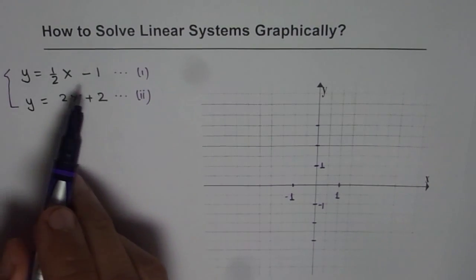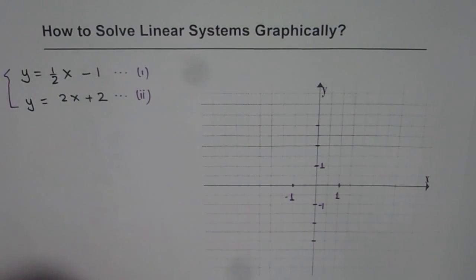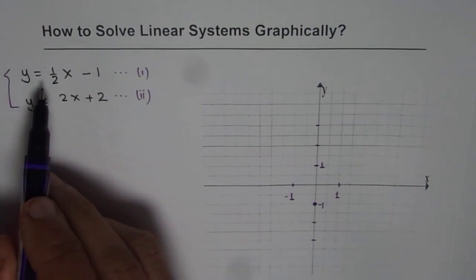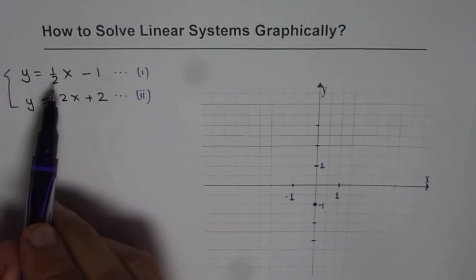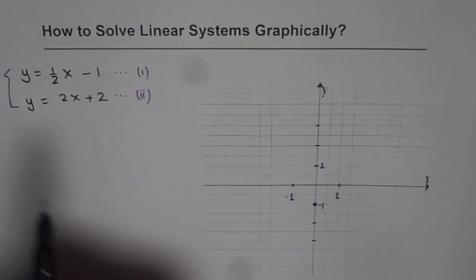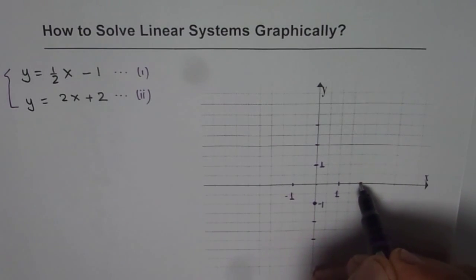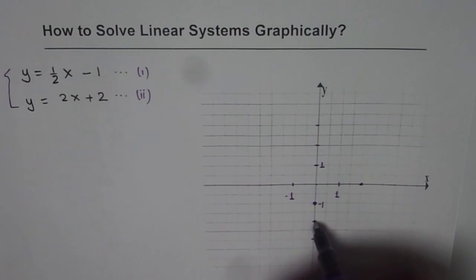So the first line has minus 1 as the y-intercept, so that is the y-intercept. And now we have a slope of half, meaning rise of 1 and run of 2. So rise of 1 means one step, run of 2 means this is 1 and then 2, right. We could also go negative 1 and negative 2.